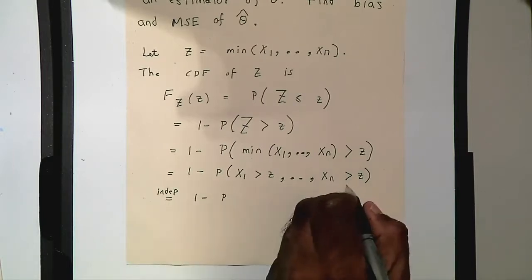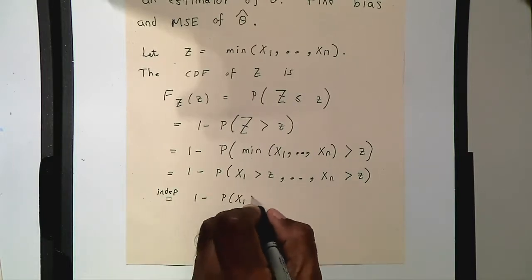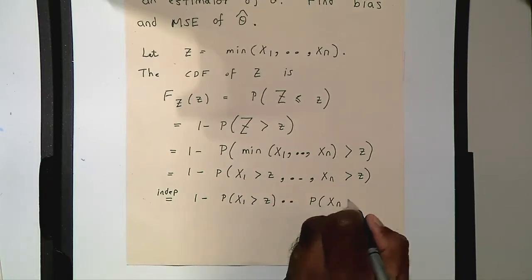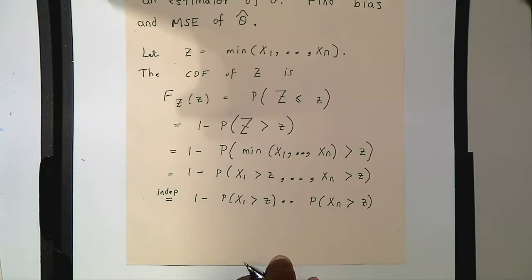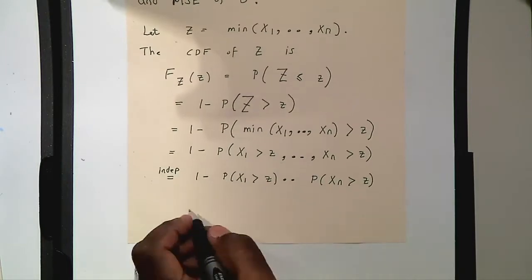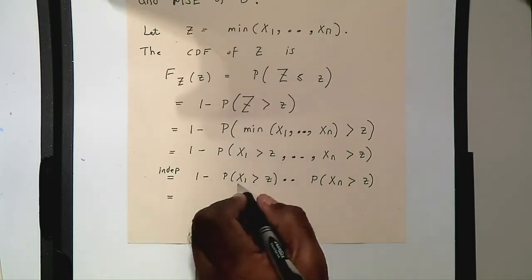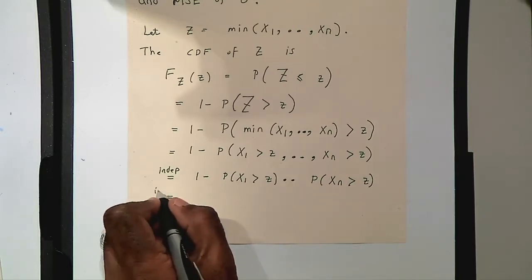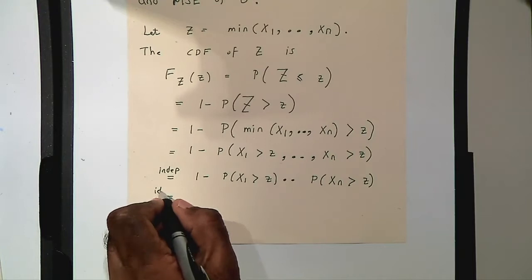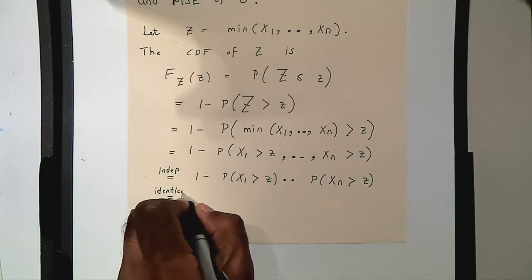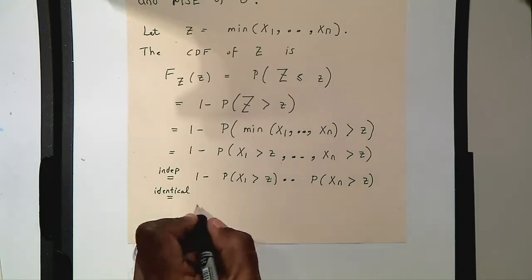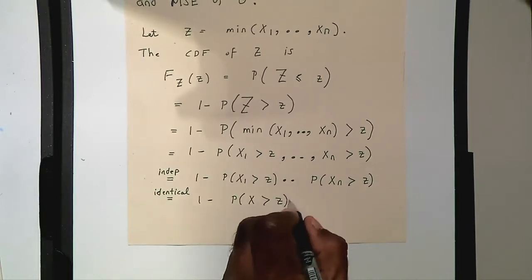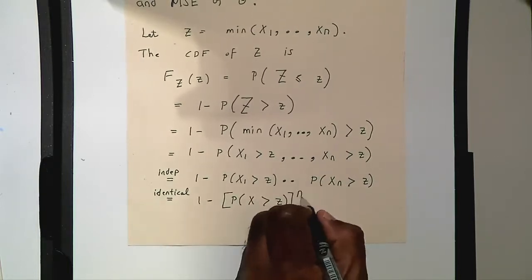And because x1 to xn are independent variables, you can write this as like this, right? And because x1 to xn are identical variables also, because of the assumption of identical, right, you can write this as the probability that x is greater than z to the power n.